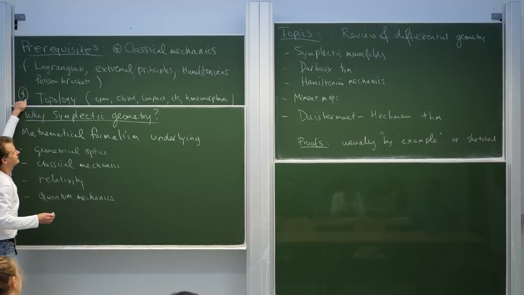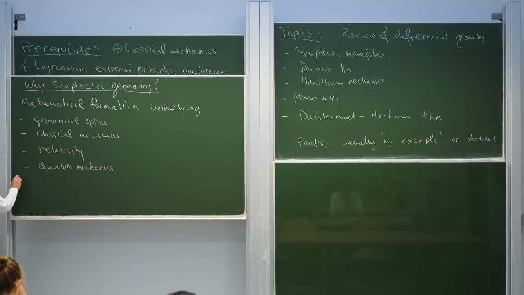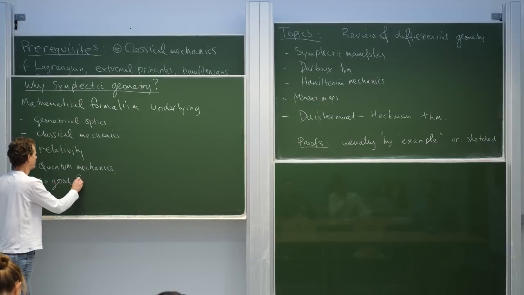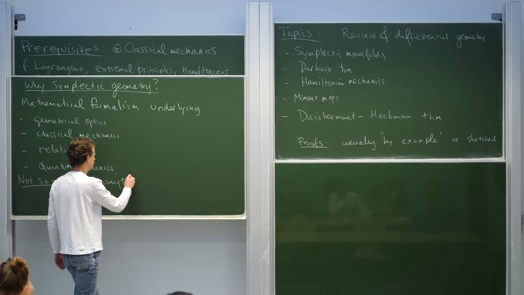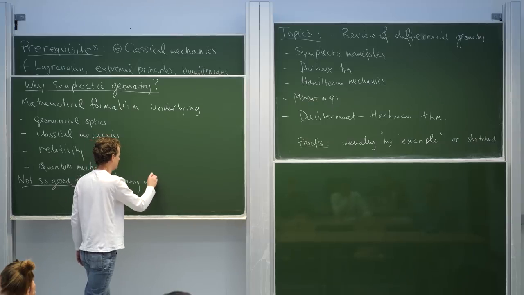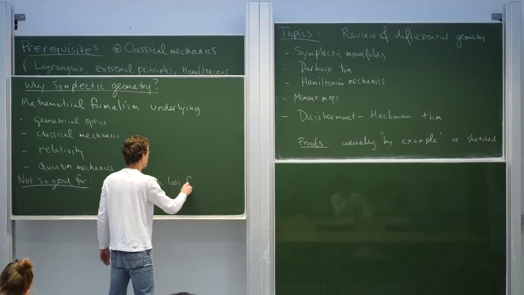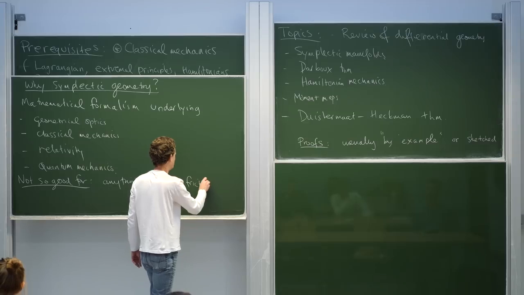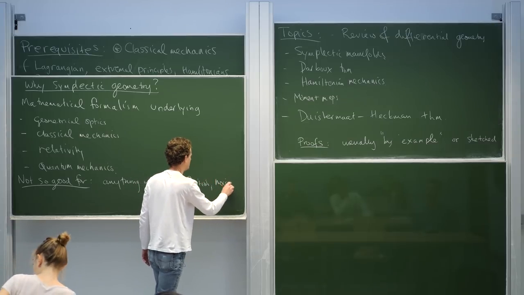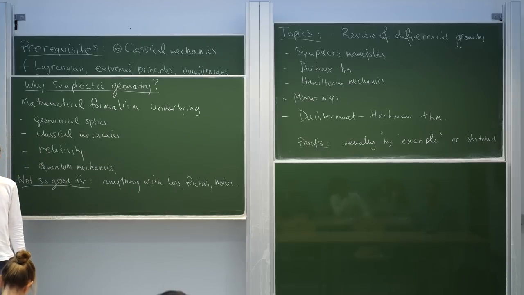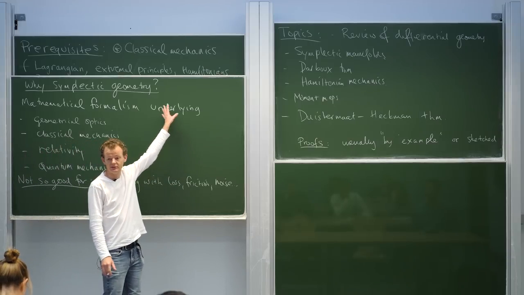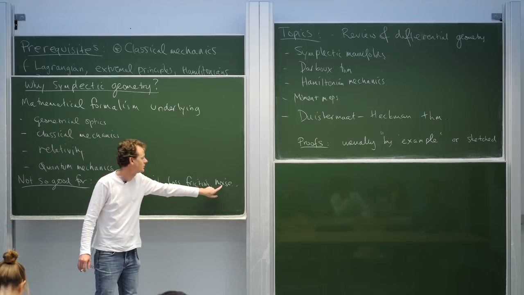So I should say where it doesn't work so well. That doesn't mean to say that you can't apply it in these settings. Indeed, recently, I was delighted to learn that you can apply symplectic geometry to study systems with quantum noise.